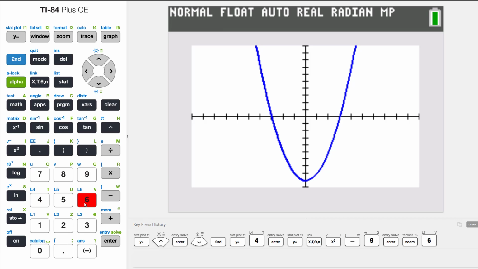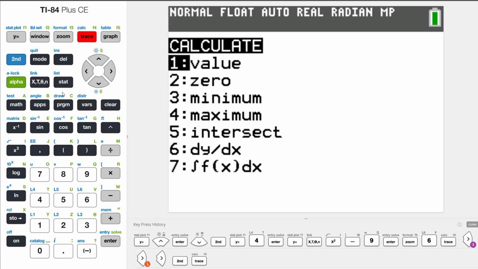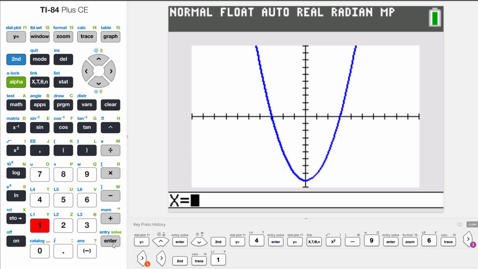Now, in this particular case, if you were to trace this, you can probably see something you already knew. This is sort of a tedious way to do this, and it doesn't always give you the level of control that you want. But you can see that around x is 3, you have the y value being 0. In fact, if you wanted to verify that directly, you could just go second trace and then put in the value.